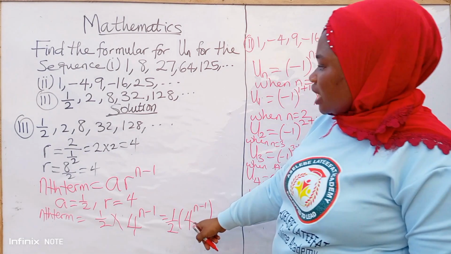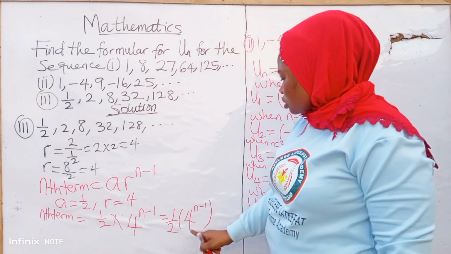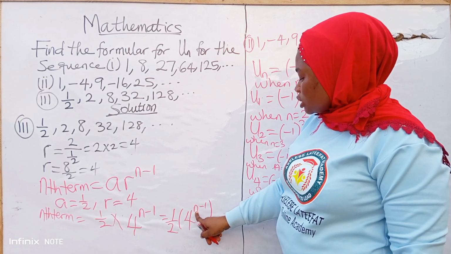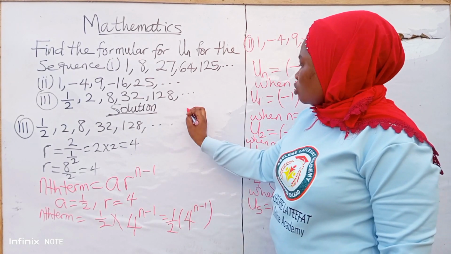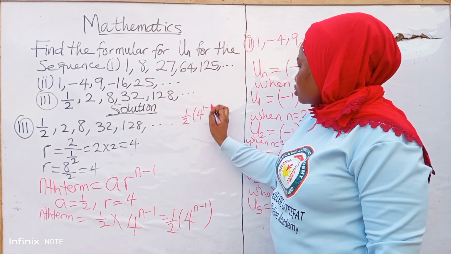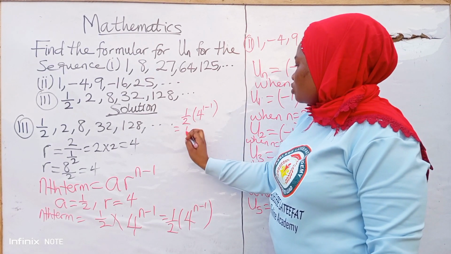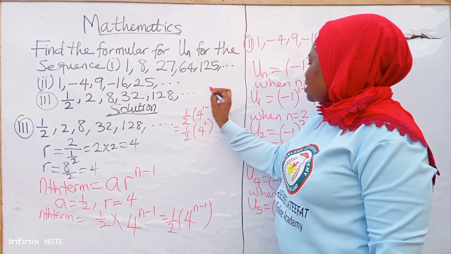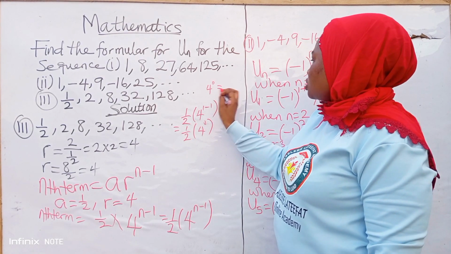So you can check whether it is correct or not. When n is equal to 1, wherever you see n, you are going to put 1 there. So this gives 1 over 2 multiplied by 4 raised to power 1 minus 1, which gives me 1 over 2 multiplied by 4 raised to power 0. And anything raised to power 0 is equal to 1.